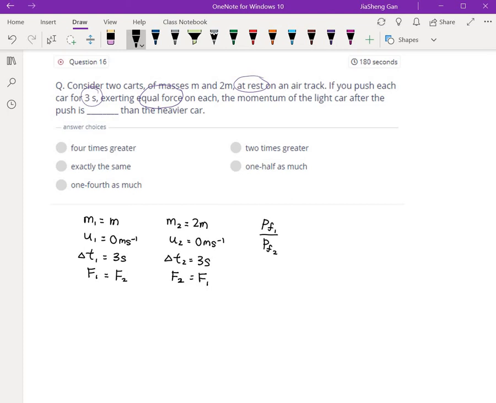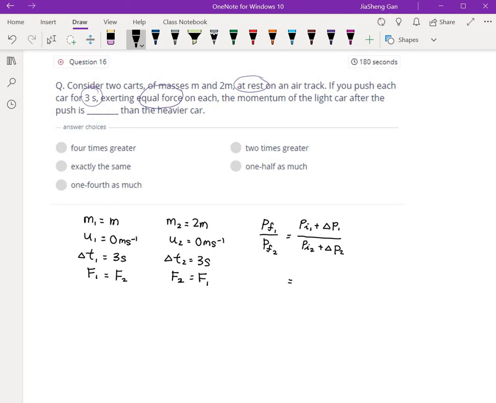We know that the final momentum is equivalent to the initial momentum plus the change in momentum of 1. For car number 2, it will be the initial momentum of car number 2 plus the change of momentum experienced by car number 2.